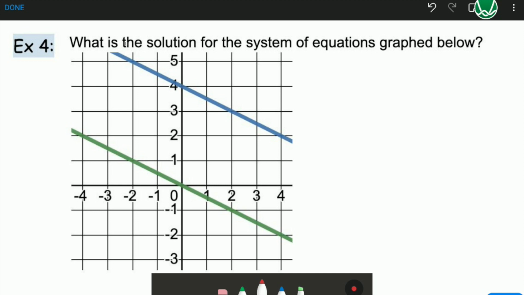Since they have no intersections, and intersections is solutions, that implies that there is no solution. It is what is referred to as an inconsistent system.